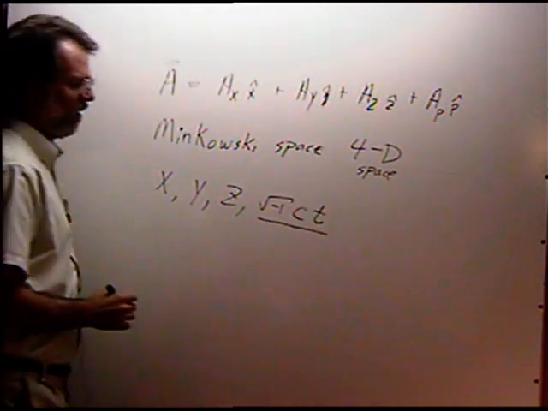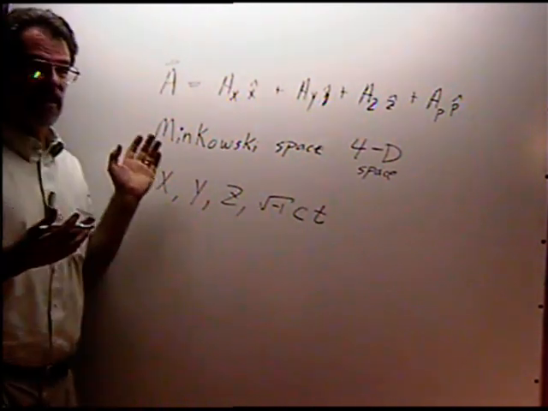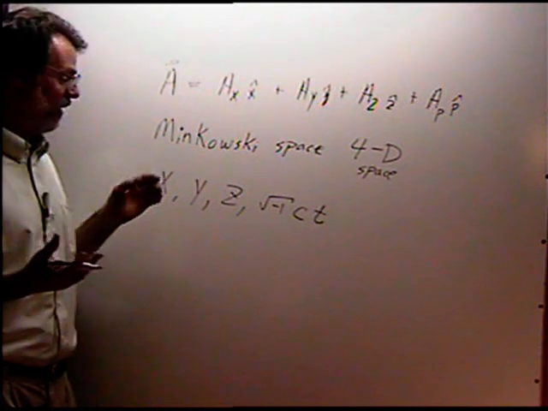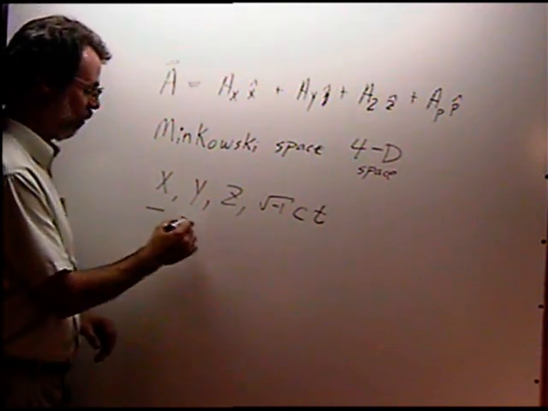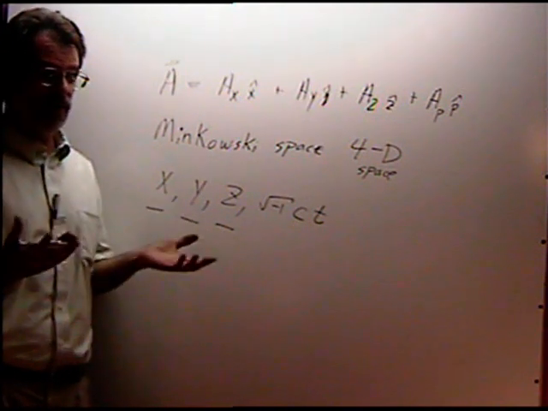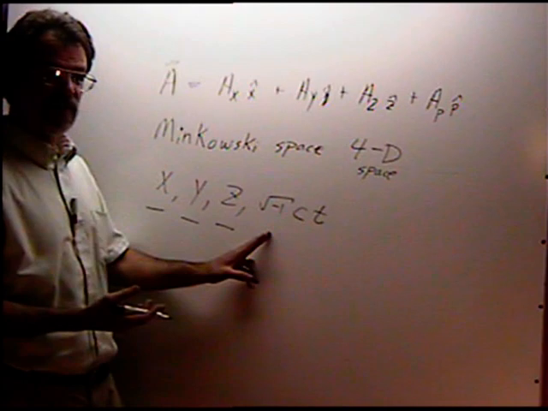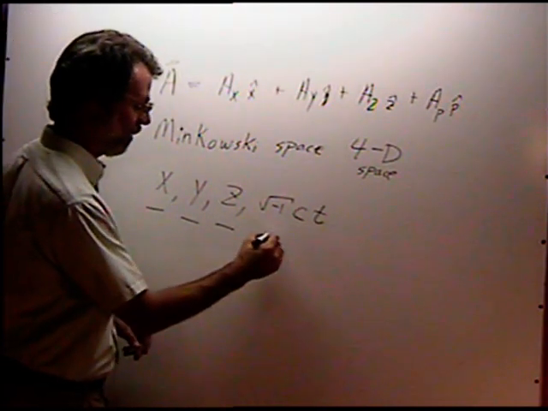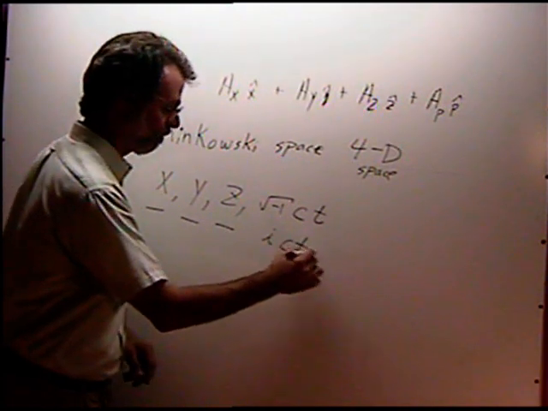So in Minkowski space, and in Einstein's theory of relativity, this is four-dimensional space: X, Y, and Z, which are regular three-dimensional coordinates, and the square root of -1, which we sometimes call i, times c, the speed of light, times time.